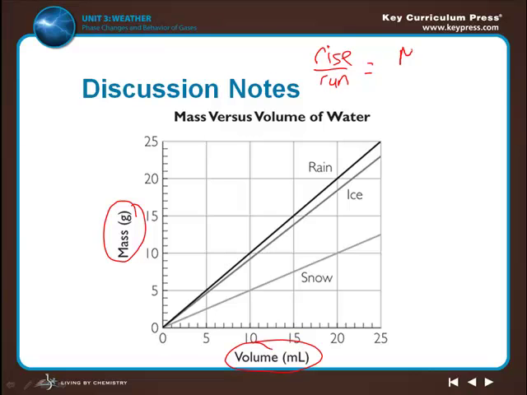Rise is mass. The run is what? Volume. And mass over volume equals what? The density. So, which of these has the greatest slope? Rain, ice, or snow? Rain does. Which one has the least slope? Snow.